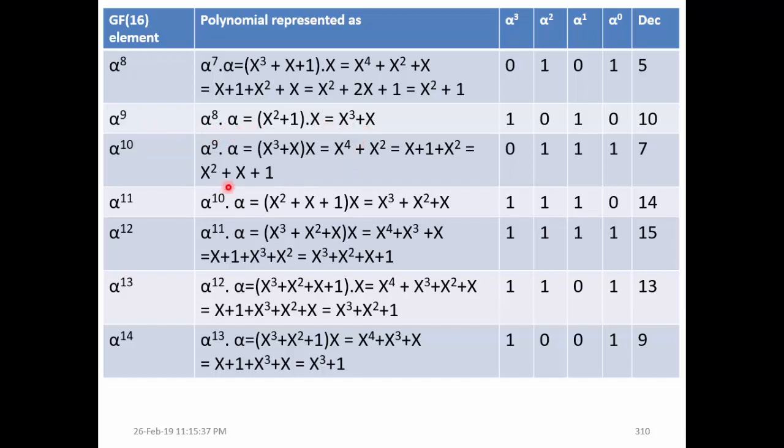Here x squared plus 1, x squared plus x plus 1, and x cubed plus x squared plus x for alpha 11. For alpha 12 it is again x to the power 4, and replacing x to the power 4 with x plus 1 gives x cubed plus x squared plus x plus 1, and the same method is used to find alpha 13 and alpha 14.